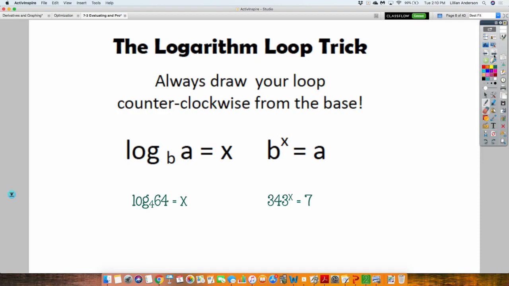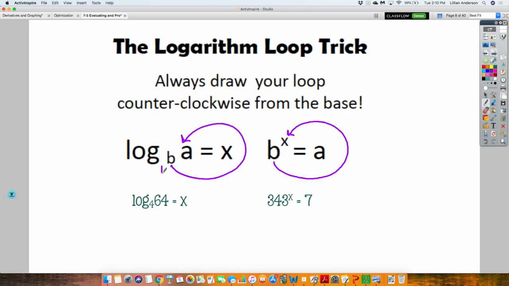So if you start here and go counterclockwise with your arm, I want you to show me what counterclockwise is. Counterclockwise, you're making a C. If I draw an arrow going counterclockwise from the base, it tells me how to write in either exponential form or logarithmic form.